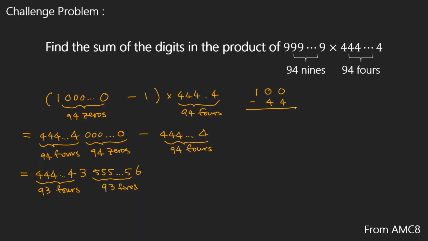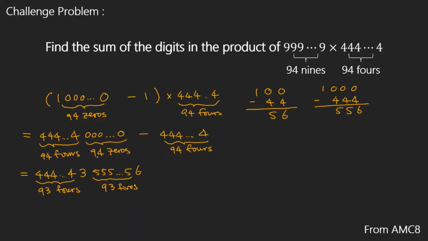That will give us a 5 and a 6. Now let's say we have 3 zeros minus 3 fours here. That will give us 2 5s and a 6.